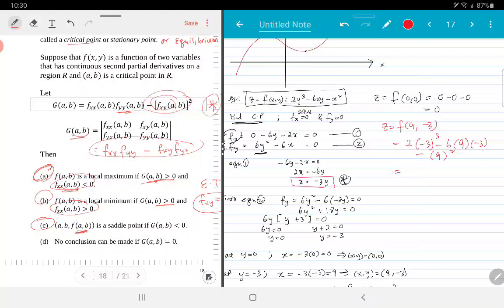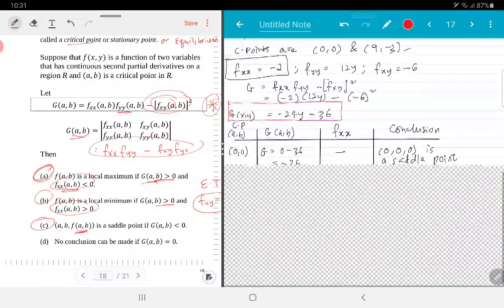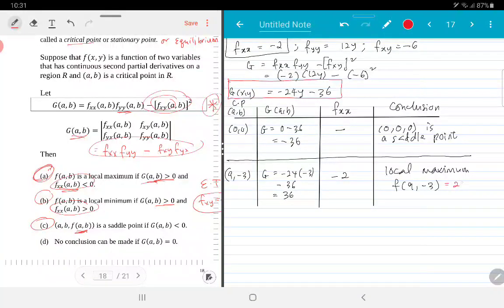So we get 27. The maximum value here is 27.